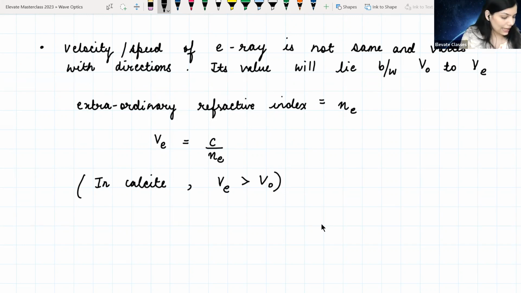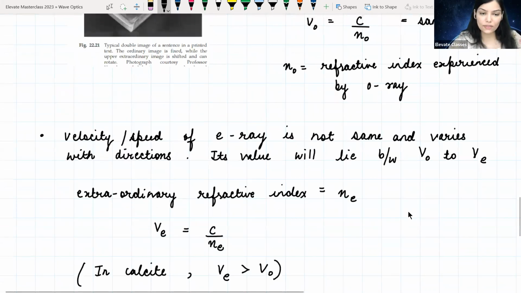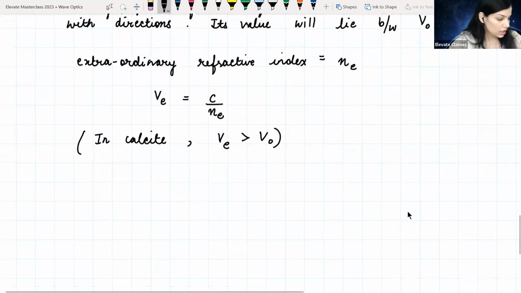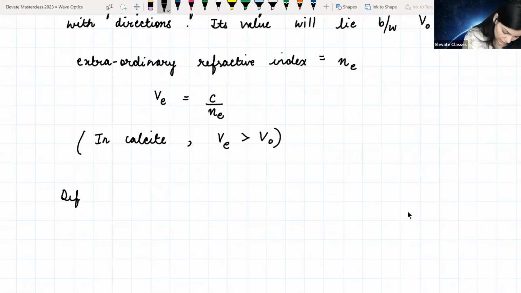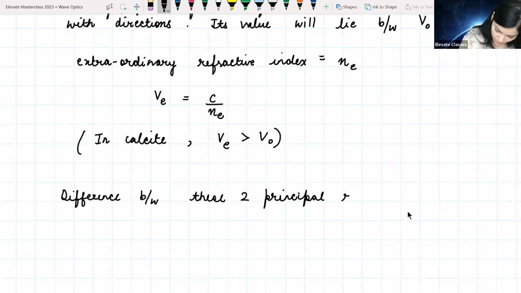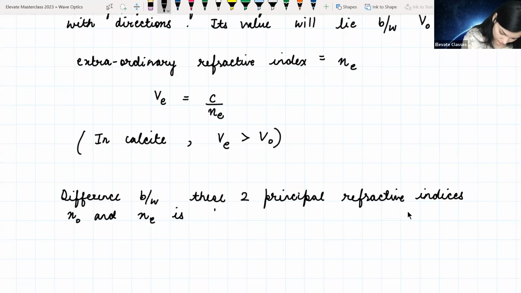Okay, and these two refractive indices that we defined, N0 and NE. If I calculate the difference between these two principal refractive indices, N0 and NE, it is known as the birefringence of the medium.